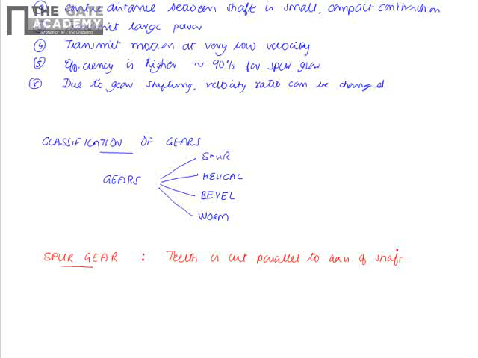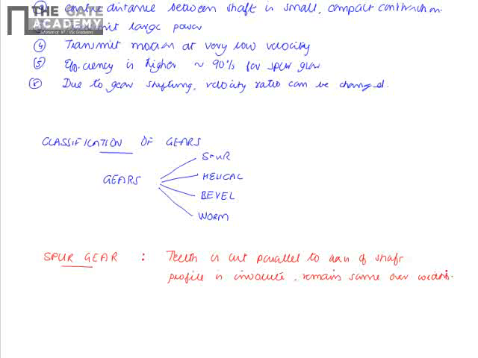The profile remains the same over the entire width of the gear wheel. The profile is involute and remains the same over the entire width.